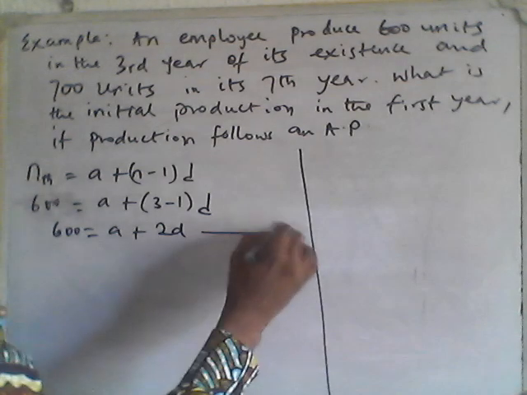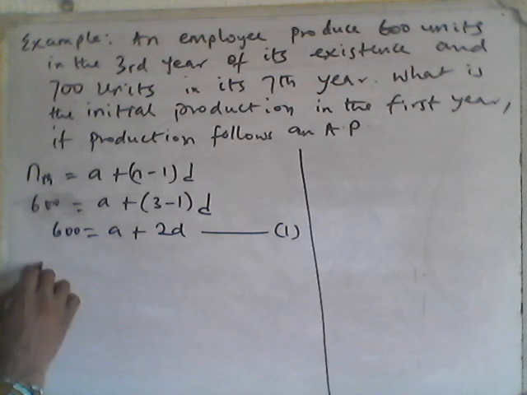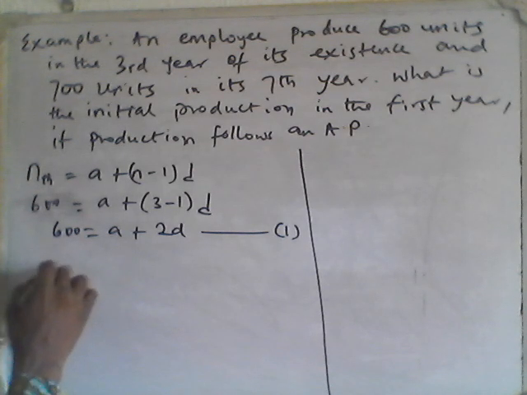This is equation 1. Now for the other scenario, I'm given the seventh term. The seventh term is 700.